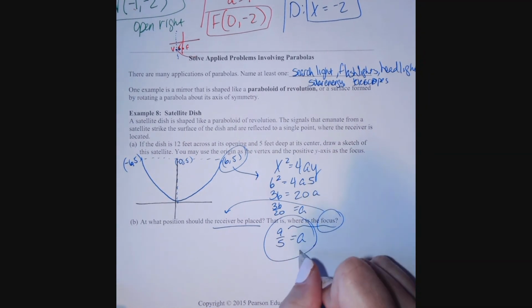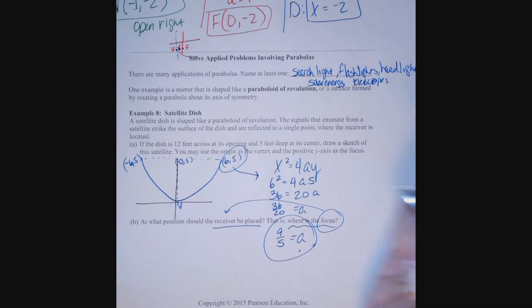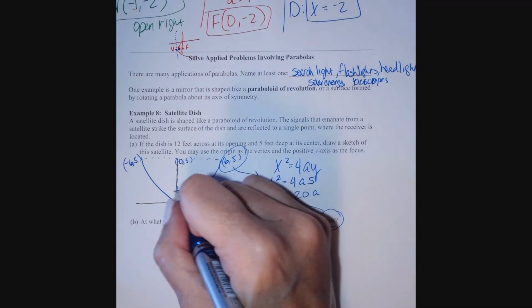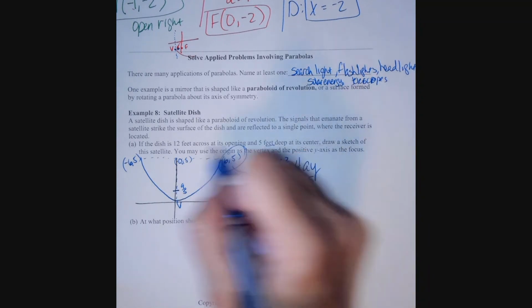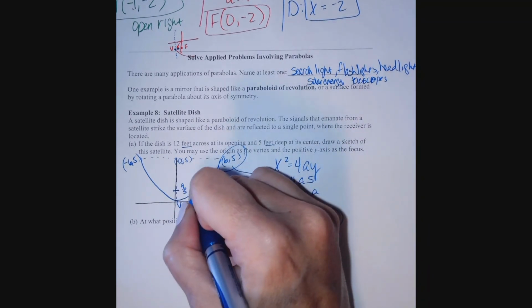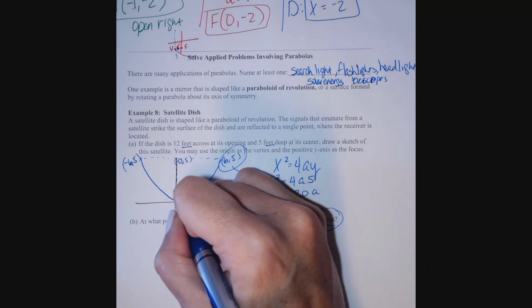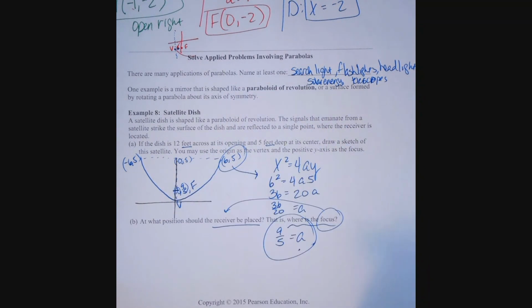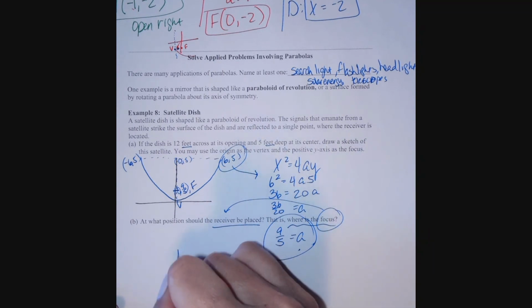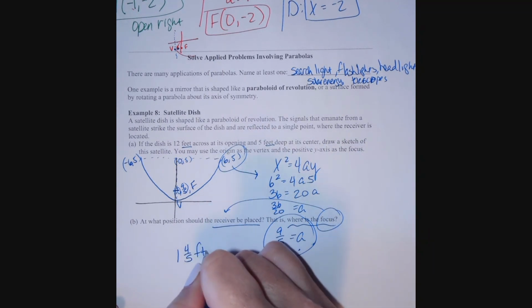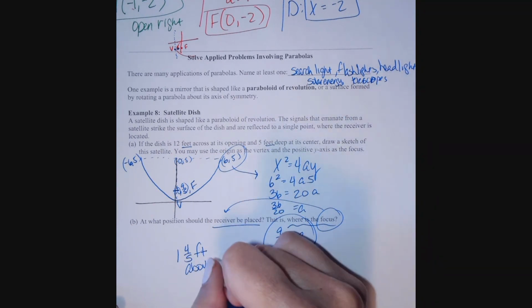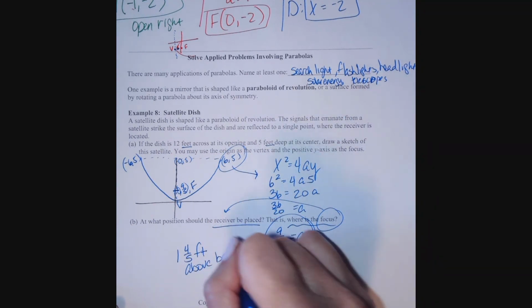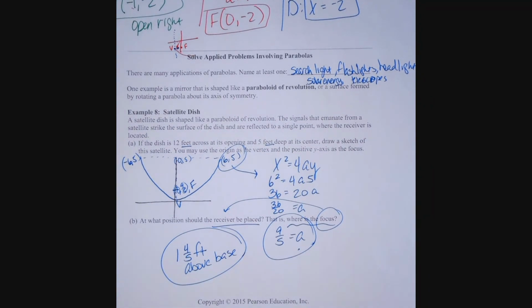A is the distance from the vertex to the focus. Well, the distance, therefore, is going to be 9/5. All of our measurements are in feet. So my focus, my receiver, is going to be 1 4/5 feet above the base, or above the center opening of our satellite.